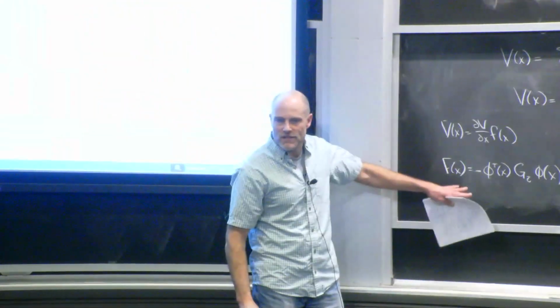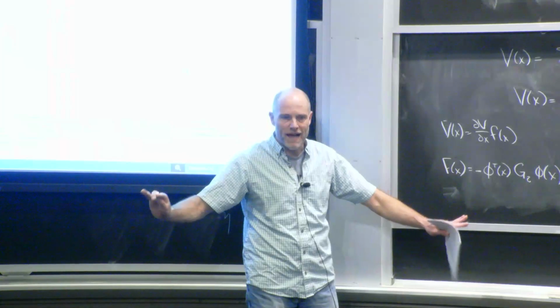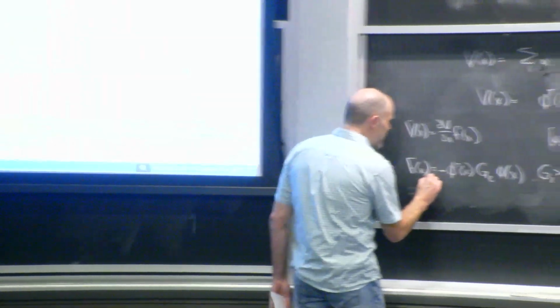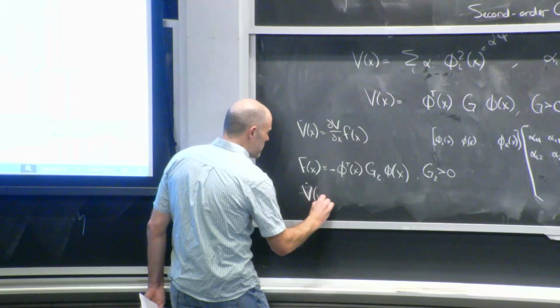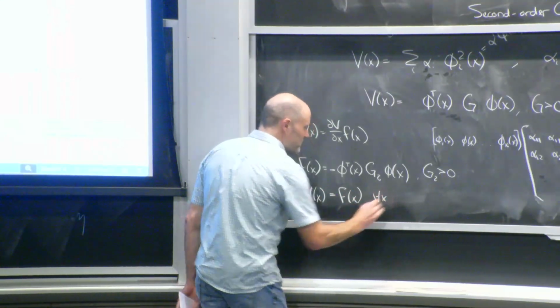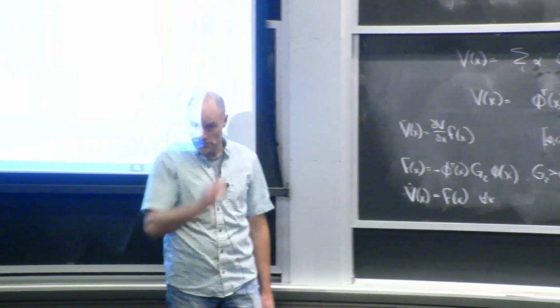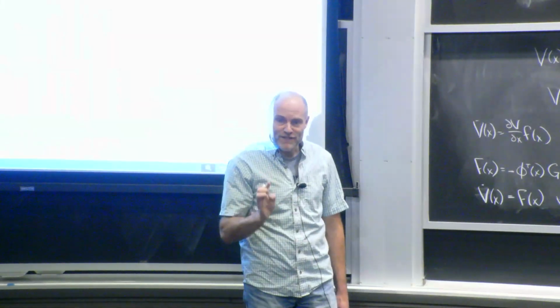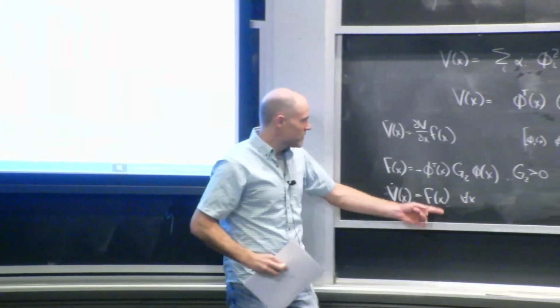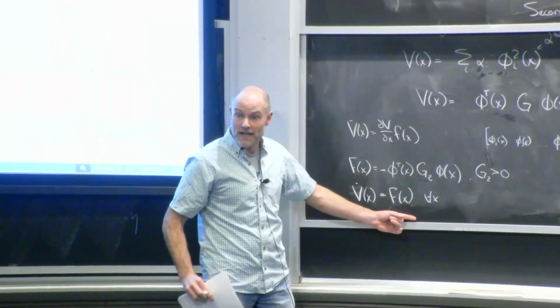Let's just say I've got some other function that I'm going to parameterize to be by construction negative. And what if I can say that V dot of x equals that function for all x? If you can do that, which you can in some cases, okay, then that's going to be the trick that's going to get us V dot.